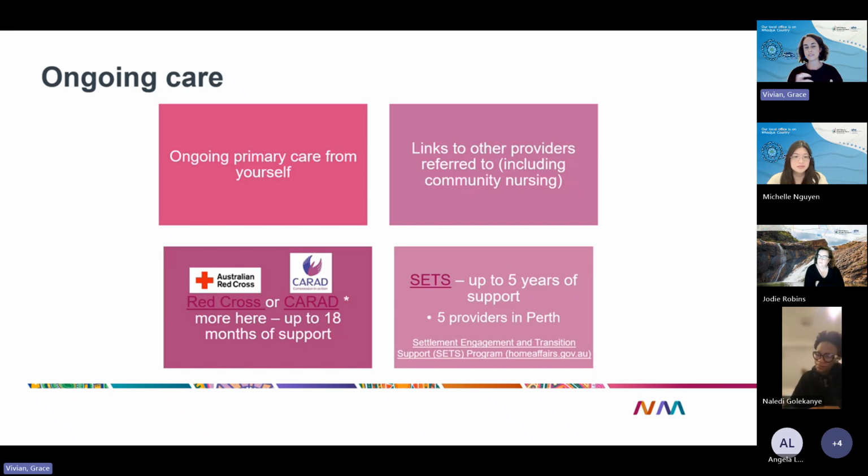They are totally run by donations, but do a fantastic job of doing their best to aid their clients. One that a lot of people forget about is the SETS program, which is federally funded, where they can provide extra support to certain refugee families as well.